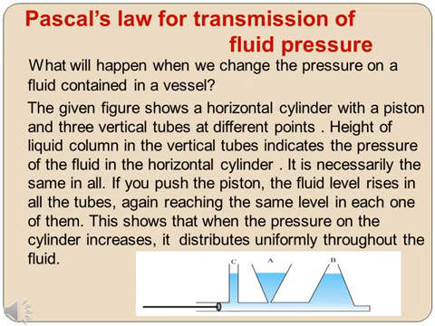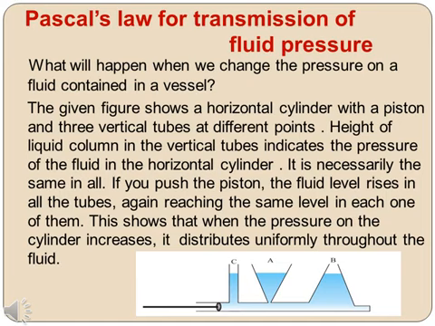Let us do one activity to see what happens when the pressure on a fluid contained in a vessel is changed. For this, we have to consider a horizontal cylinder with a piston and three vertical tubes at different points, as shown in the given figure. The height of the liquid column in the vertical tubes shows the pressure of the fluid in the horizontal cylinder.